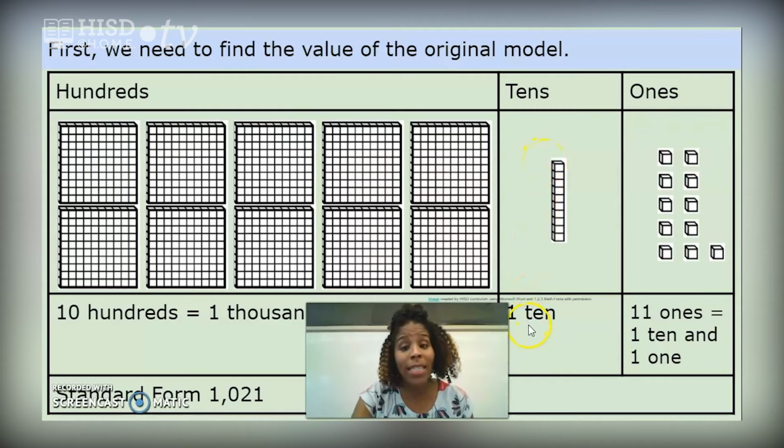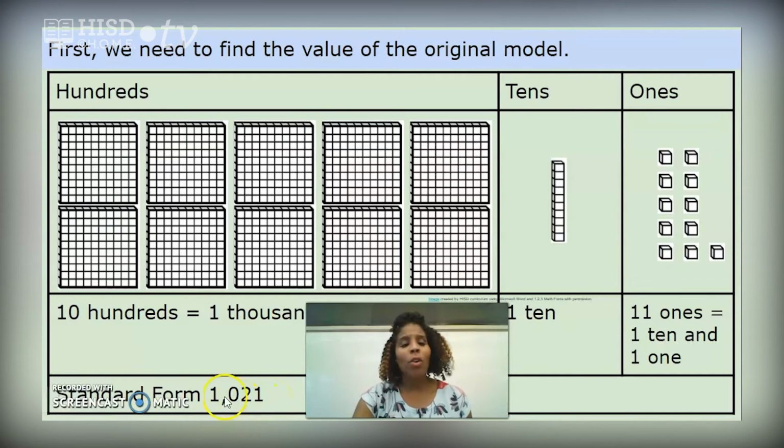That is equal to 10. Let's count our ones. 1, 2, 3, 4, 5, 6, 7, 8, 9, 10, 11. So we have 11 ones. We have 10 and 11. If we were to write that in standard form, it would be 1,021.